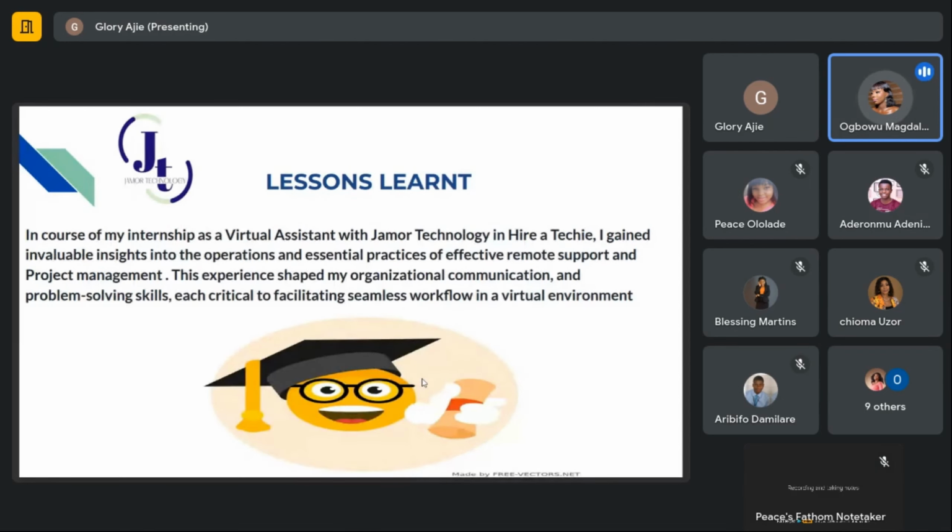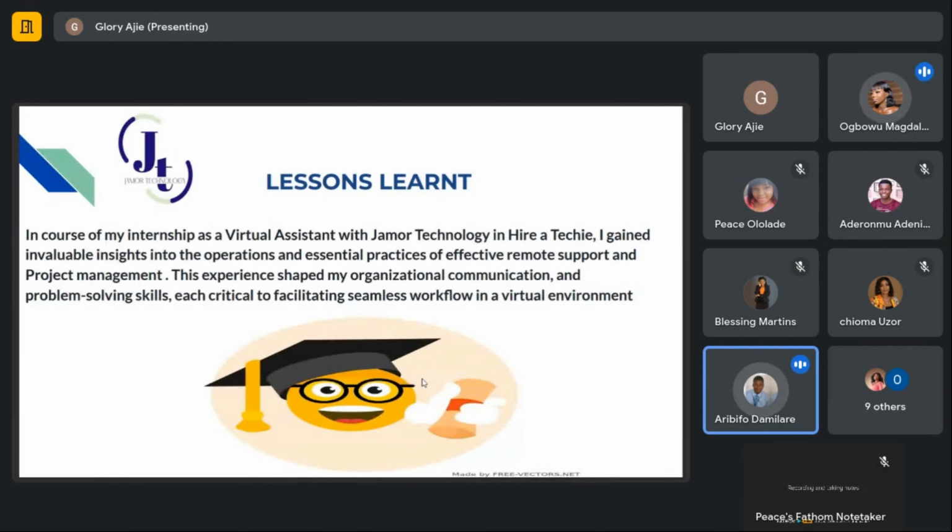What I mean there was, so far working with Jamotech in Hire Tech, I've learned to work as a person without supervision, without internal control telling me what to do. That's what I mean by being autonomous. All right, that is wonderful.